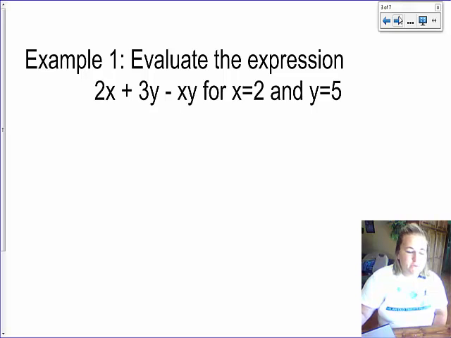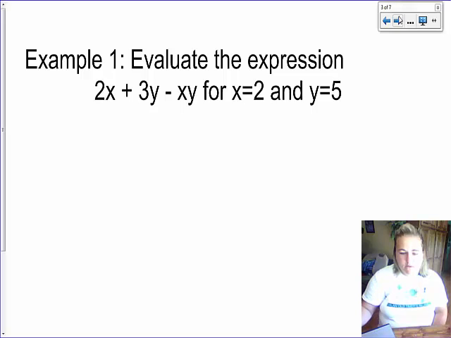So example 1 is evaluate the expression 2x plus 3y minus xy for x equals 2 and y equals 5. The first thing I'm going to tell you is anytime that we substitute for a variable, we must use parentheses in place of the variable.